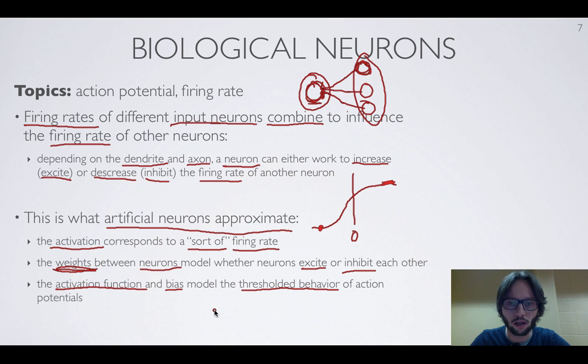Some people use this in their research to design better neural networks, but others instead focus on the mathematical properties of artificial neurons. But it's still important to know that there is some, though fairly weak, connection between real neurons and artificial neurons.